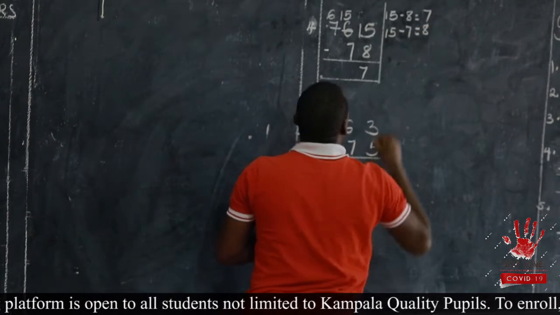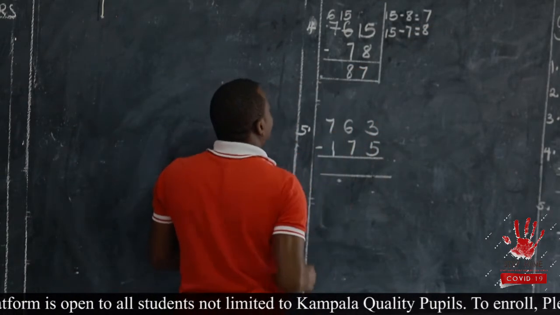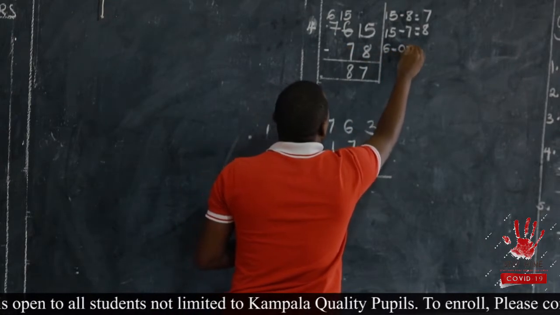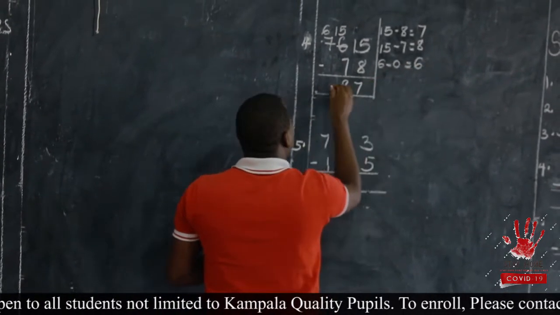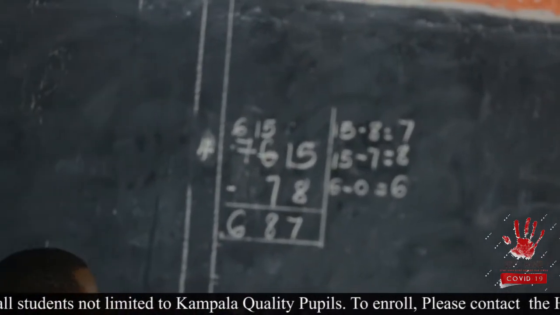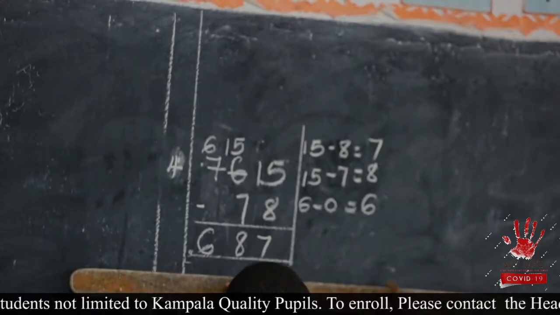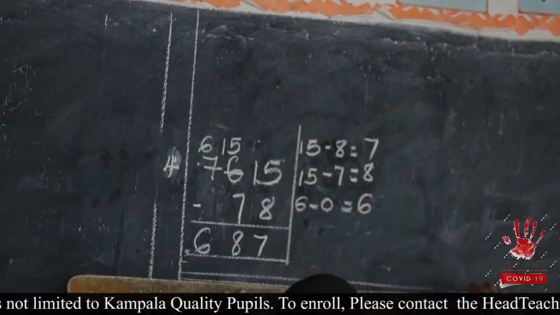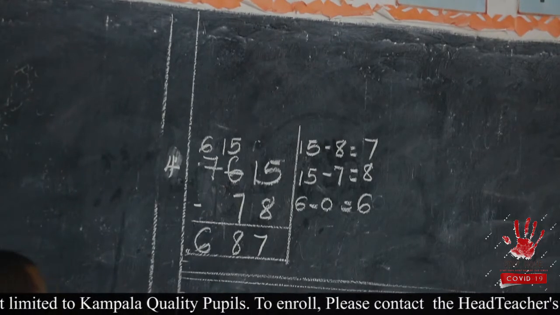This is equal to 8. So I'll come here and write 8. Then here I have nothing, so I'll have 6 take away 0 equals 6. Then I come here and write 6. And then after that, I'll come and underline. Smartly underline very well. So we have finished that.